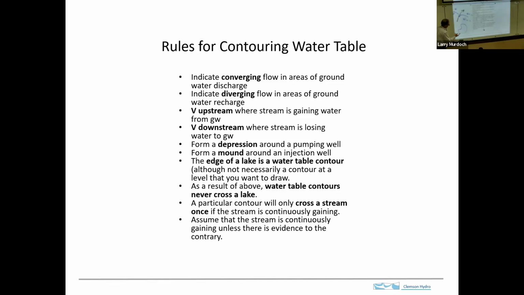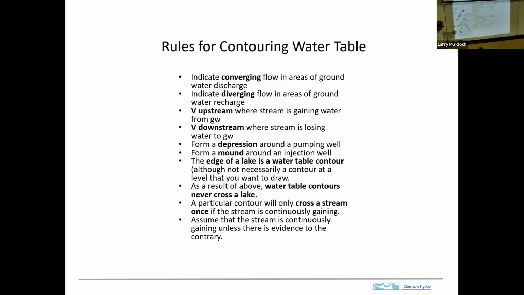So if this is a lake, then this would be a contour at whatever the stage of the lake is. As we draw in the 7 contour, it has to go around the lake. We don't want to have it have a sharp kink in it. We would draw it and go around like that, and the 8 contour would also go like that.